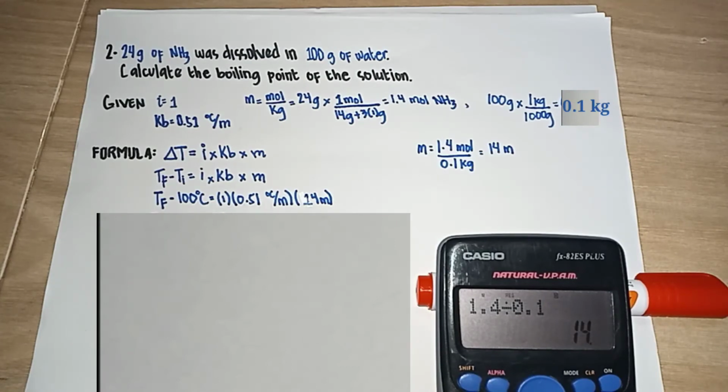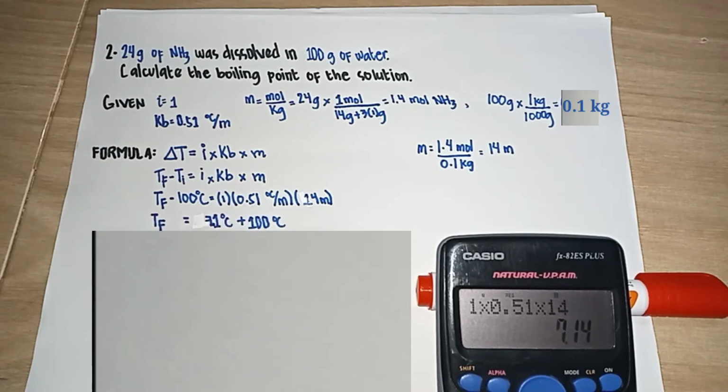Ang initial temperature natin is 100 degrees Celsius. Since naka-negative siya, so i-transpose natin siya sa kabila. So magiging 1 times 0.51 multiplied by 14 is equal to 7.14.